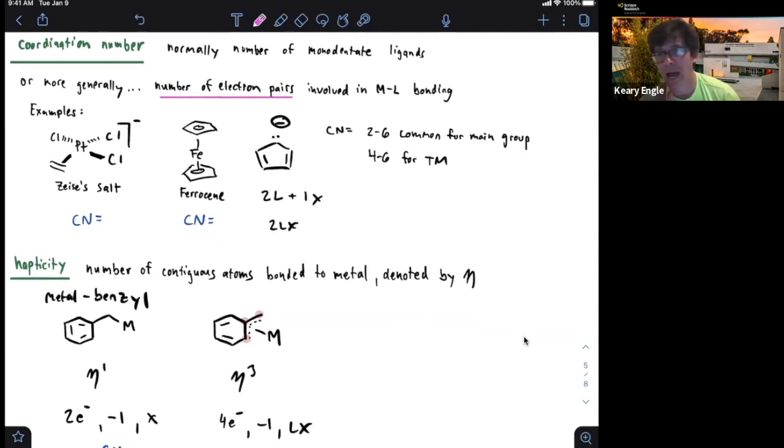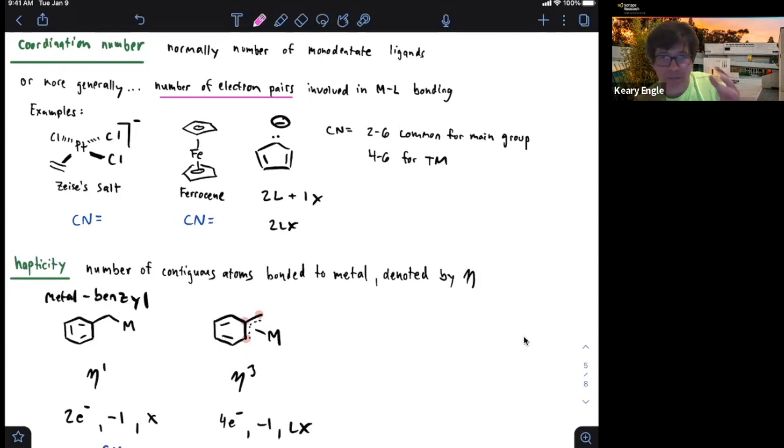Now, I'm not a huge fan of coordination number because you can define it different ways and it will tell you different things. So for the purpose of this class, use this definition of number of electron pairs. But it's also not wrong to just define coordination number as the number of ligands, and you would get a different number.